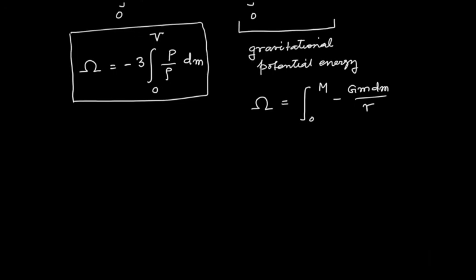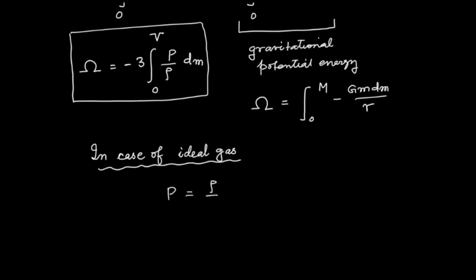If I know the dependence of pressure and density, say in the case of an ideal gas, we know that P is rho by mg times kT.